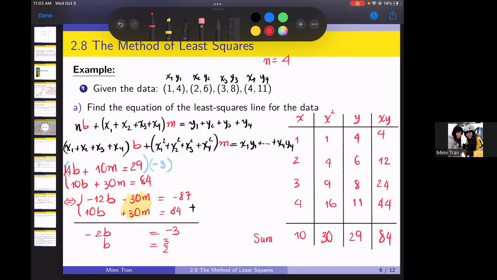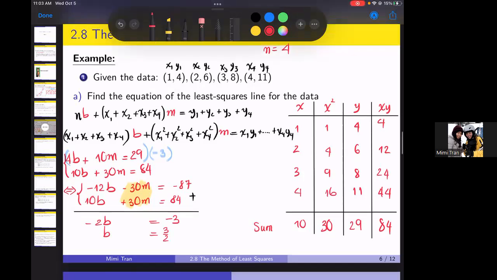Now I gotta solve for m, right? I got b down. Now I gotta solve for m. I'm going to pick the first one again because it's more friendly. You can do the second one. The number is so big, not a fan. So 4 times b, b is 3/2, plus 10m equal 29.